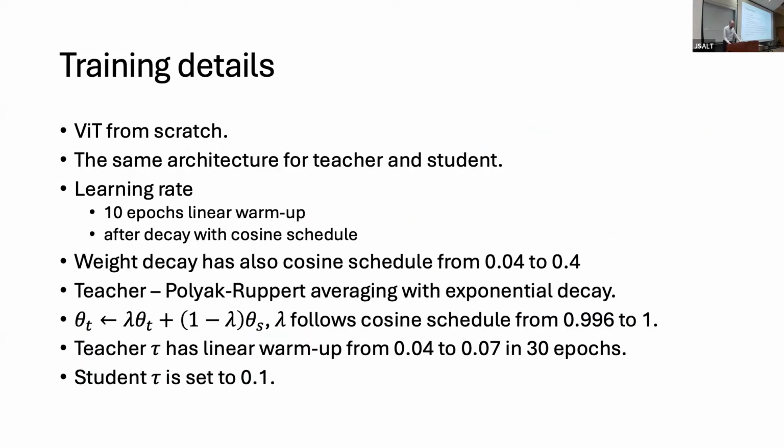And so just the details about the training before we take our first break. I have then the results for DINO and then we'll take the break. So the model, the transformer, is trained from scratch. They are not using pre-learned weights. This is very important. And you have the same architecture for the student and the teacher.